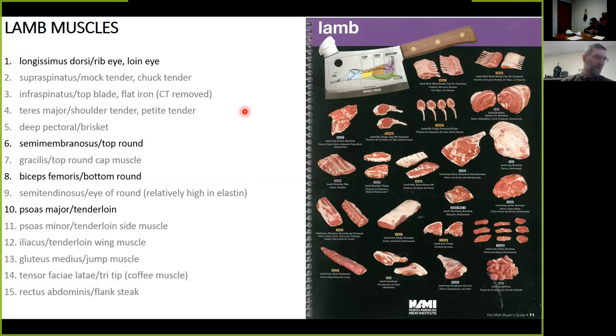And then the lamb loin, 232. Now, here's something we haven't talked about in terms of the IMPS numbers. If you see a 232, and then you see a 232A, it means you did a little something different to it. You trimmed the fat off maybe. And then if you see a 232C, you've done even more. What's the difference between the 232C and the 232A?